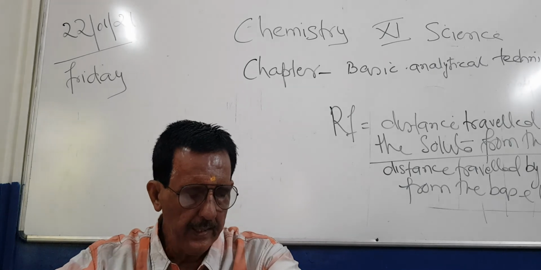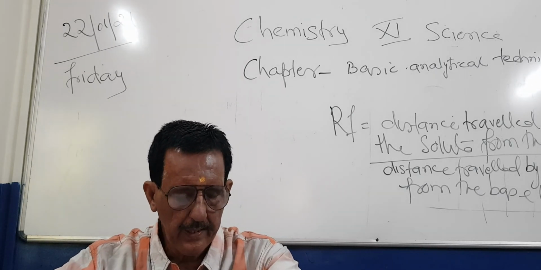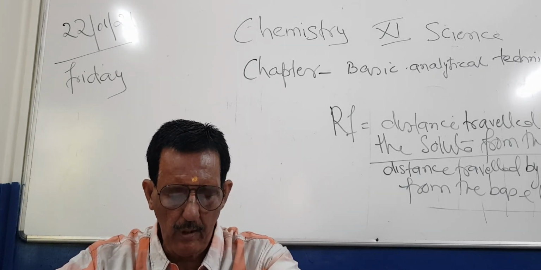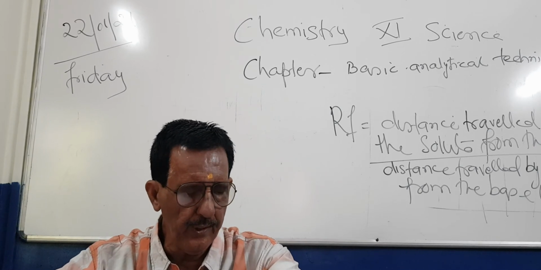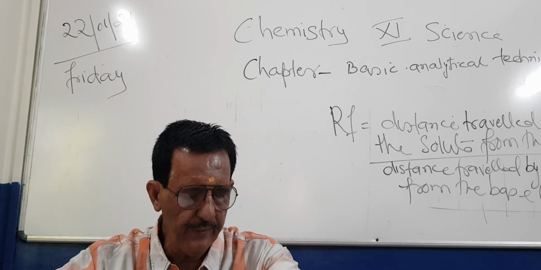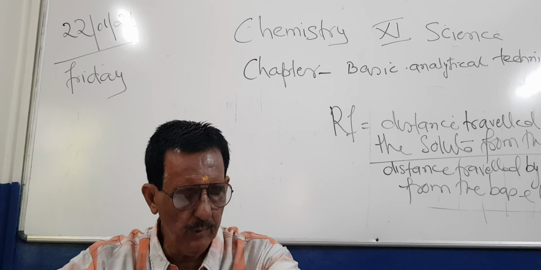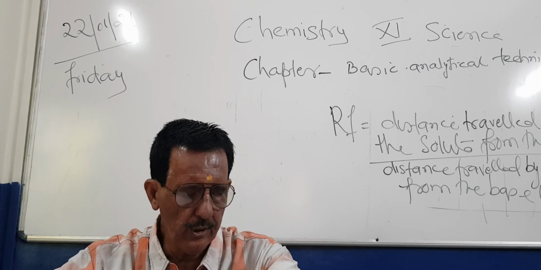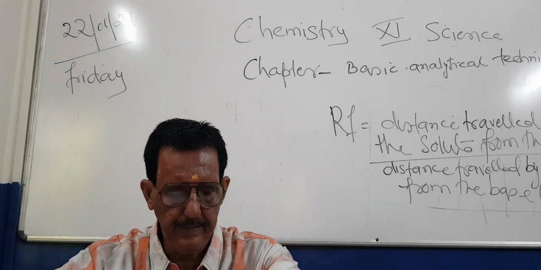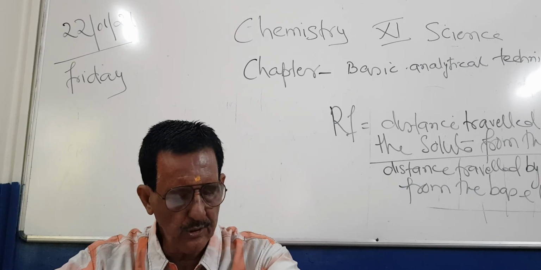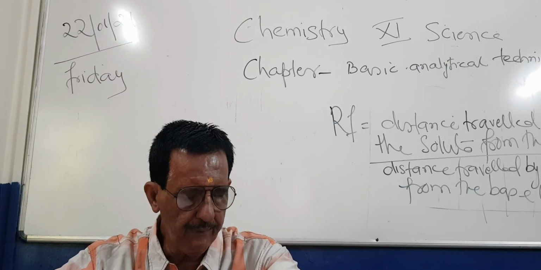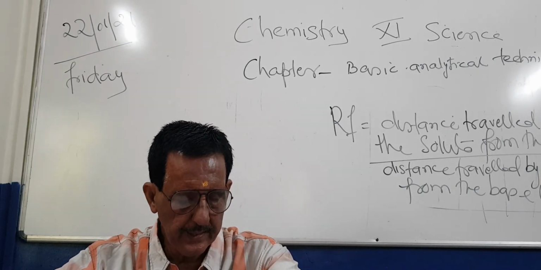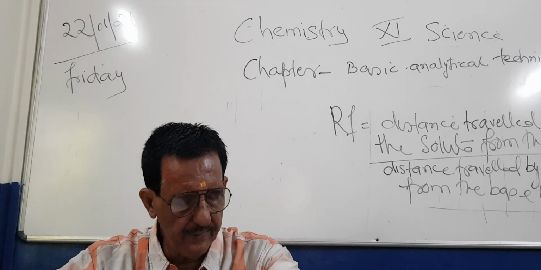Chromatographic techniques: it is a technique used to separate components of a mixture and to purify the compound. It has two phases, stationary and mobile. Adsorption chromatography is based on the principle of adsorption. Column chromatography has two phases, stationary phase and mobile phase.